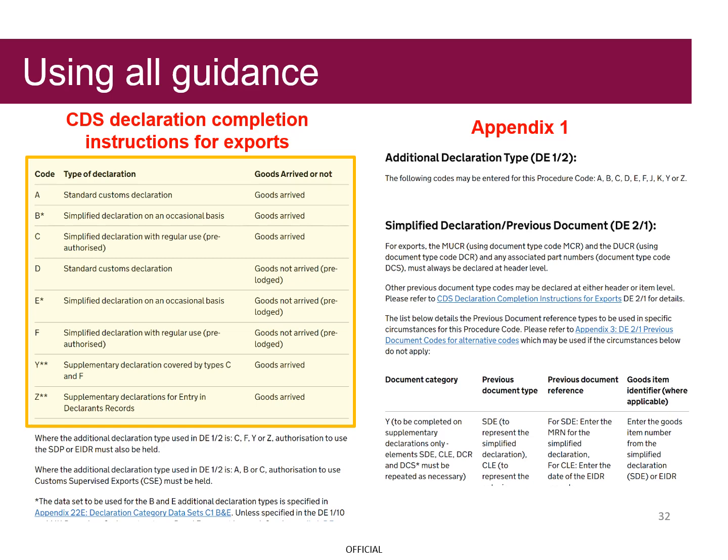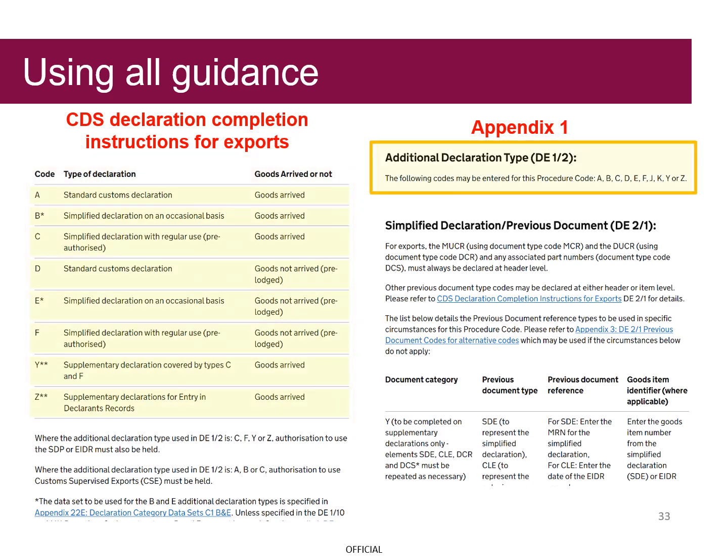On the left, Grayson scrolls down and can see the possible entries for data element 1.2. On the right in Appendix 1, he can see the valid additional declaration types possible when using Procedure Code 1040.